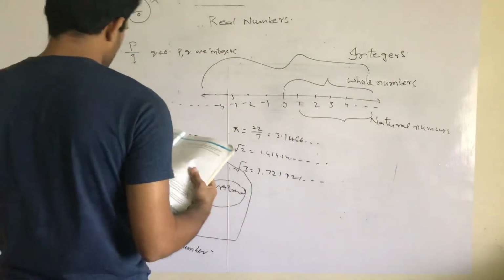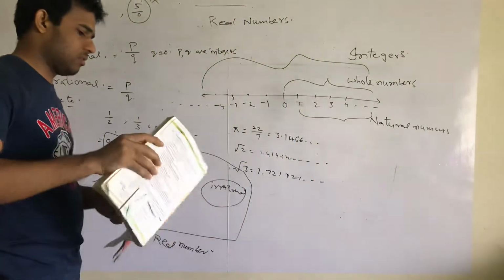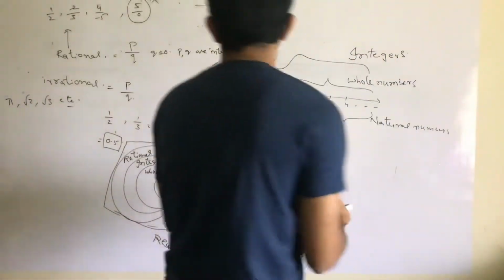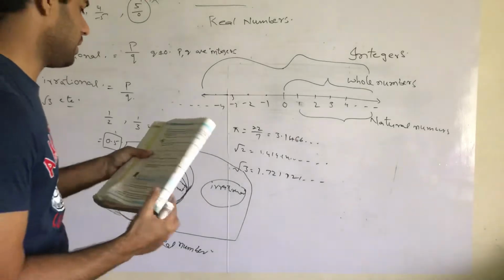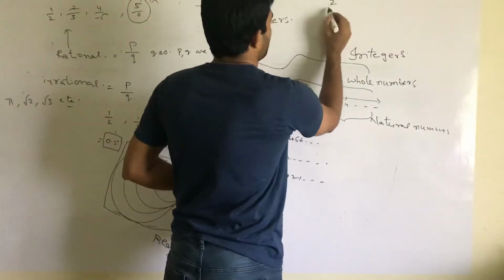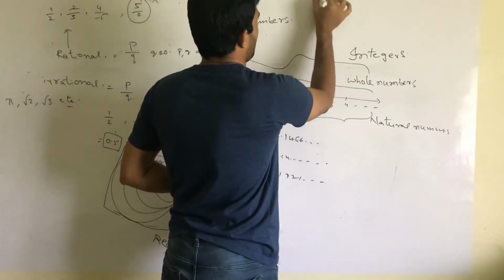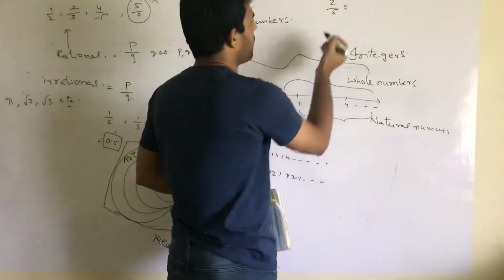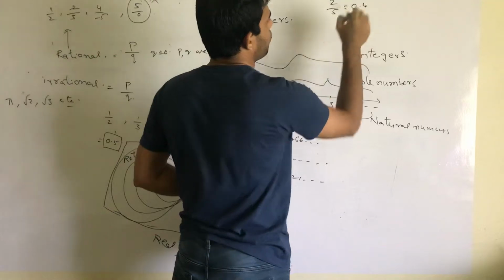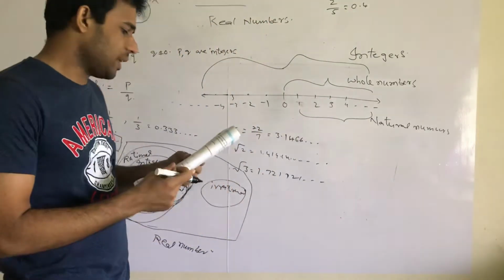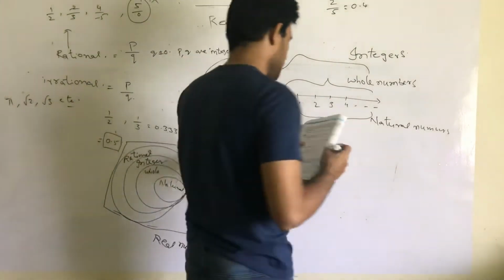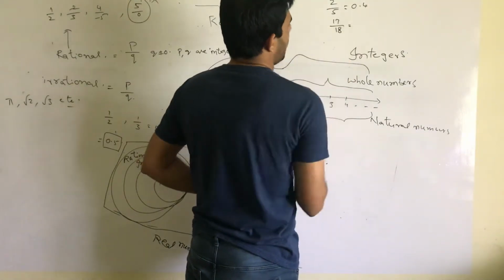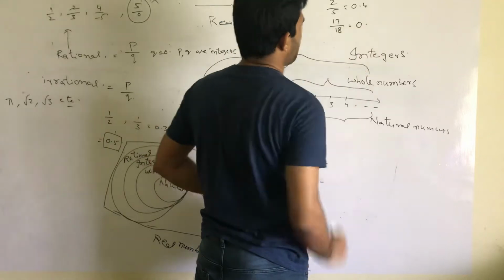Okay, so for a few examples you can call out, just to get into this. Examples like 2 by 5. If you write this as a decimal, it comes as 0.4. Let's write 17 by 18. Okay, 17 by 18 I can write as 0.